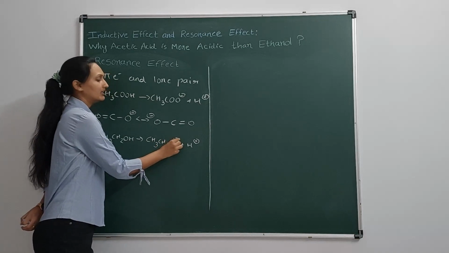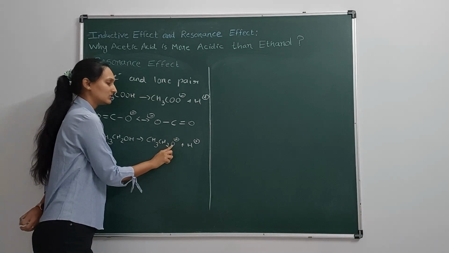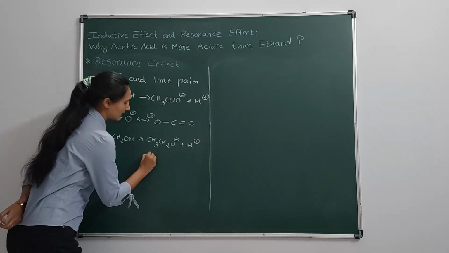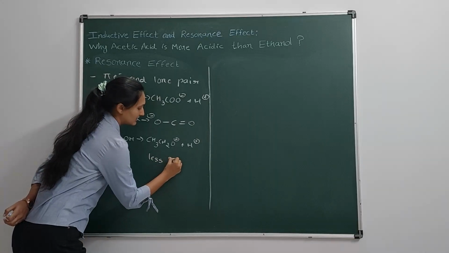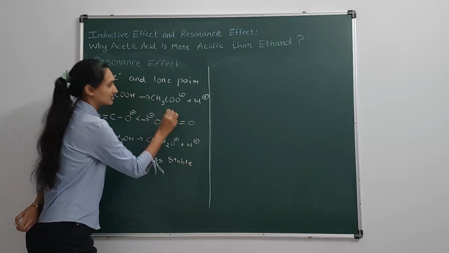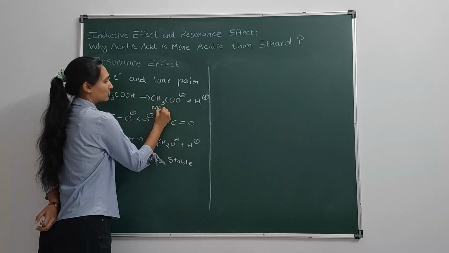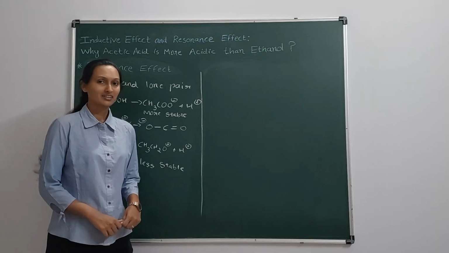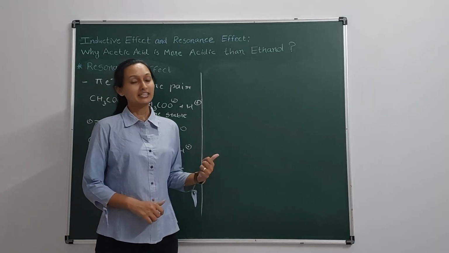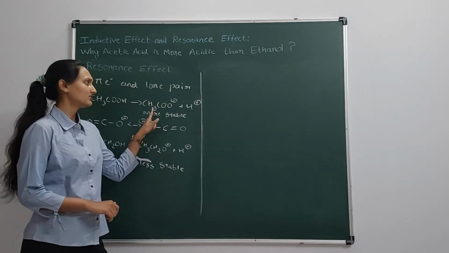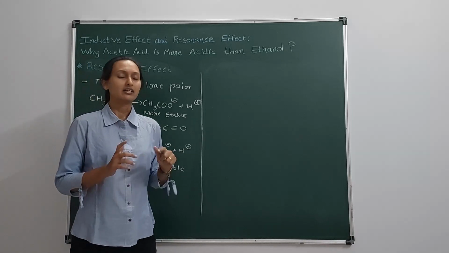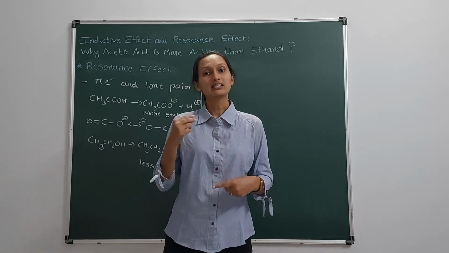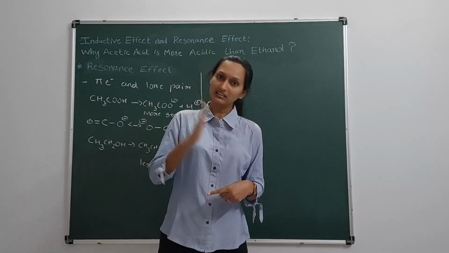The negative charge is localized on only one oxygen atom, so it is less stable, while the acetate ion is more stable. So students, the acidity of acetic acid is mainly due to the resonance stabilized structure of acetate ion. Thus, resonance effect and inductive effect work together to make acetic acid much more acidic than ethanol.